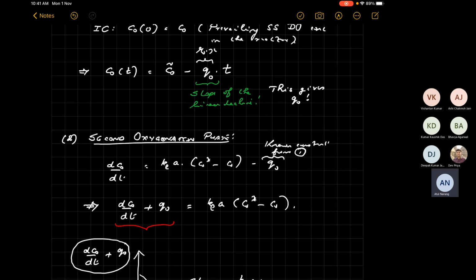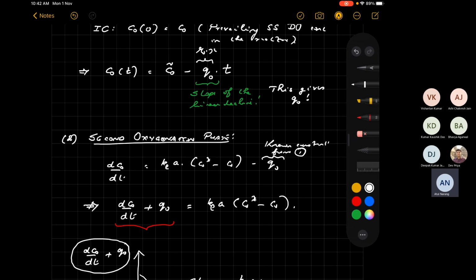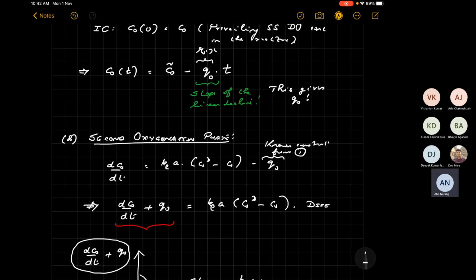And after integrating it, I could use this integrated solution to estimate KLA and CO star. That could also be done, and that is the method that is used in the book. So my method is the differential method.